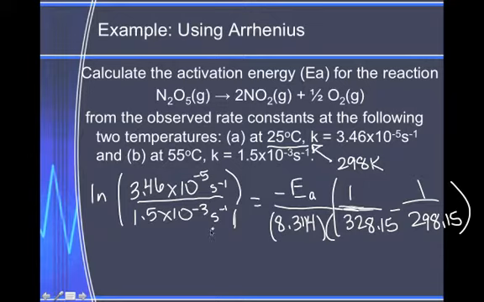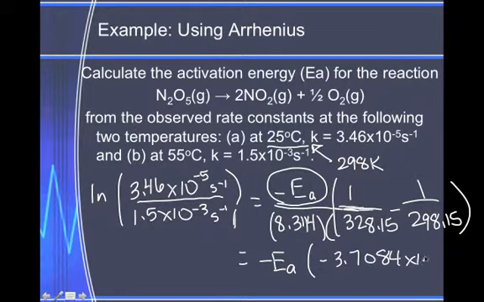All right, so now we've got to get this equation rearranged. We know what all the numbers are. We have only one unknown to solve for. So I have minus E sub A, and on this side, I've got 3.7084 and so on, a bunch of calculator digits that I'm not going to bother rounding yet. And then over here, we're going to take the natural log of the first rate divided by the second rate.